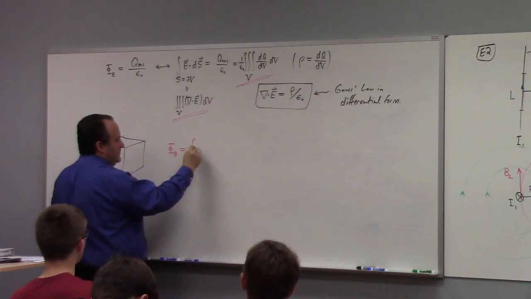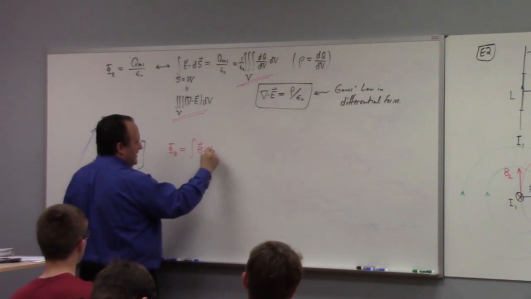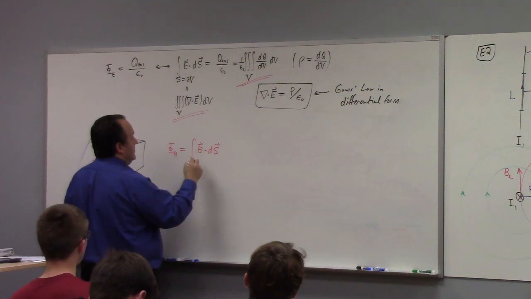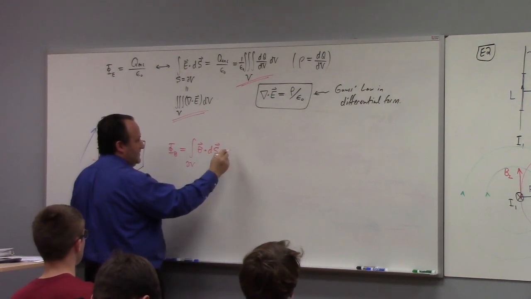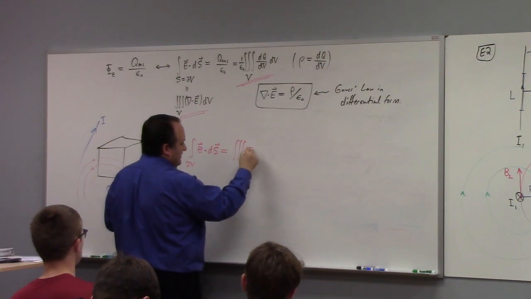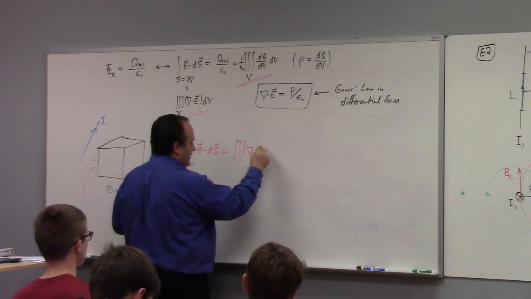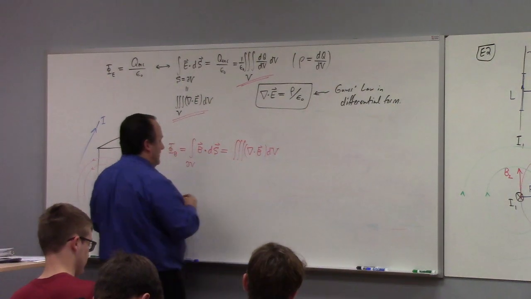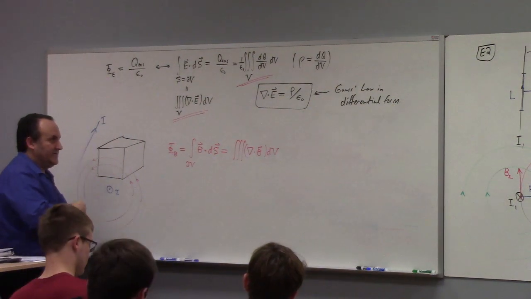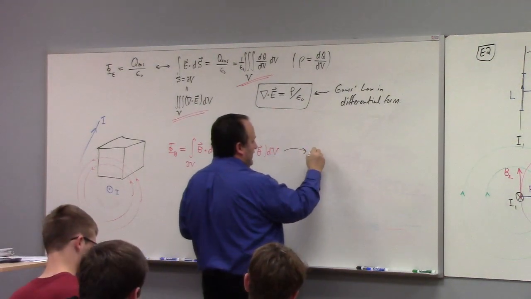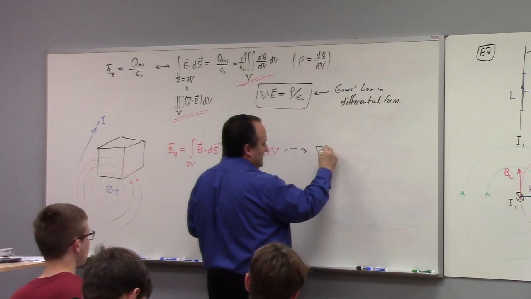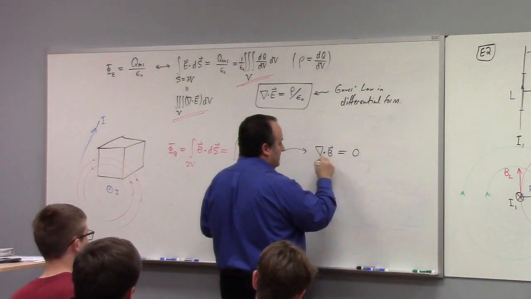So magnetic flux would be the surface integral of B dot dS over the boundary of some volume. The divergence theorem again applies. That's the divergence of the magnetic field integrated over the volume. Since that holds for arbitrary volumes, this goes to show you that apparently the magnetic field is a field such that its divergence is 0.